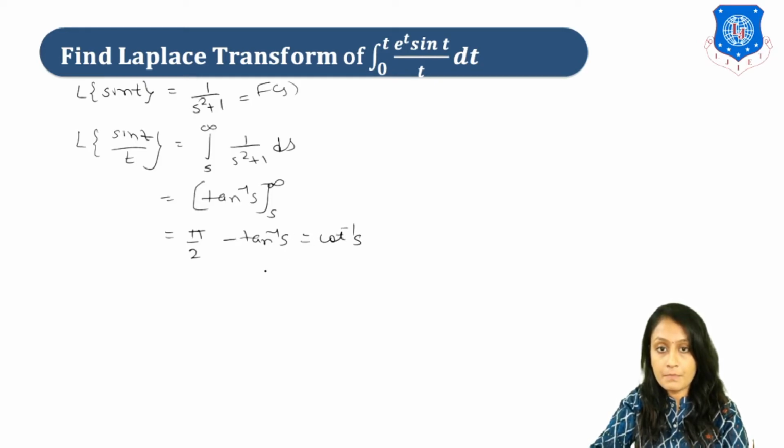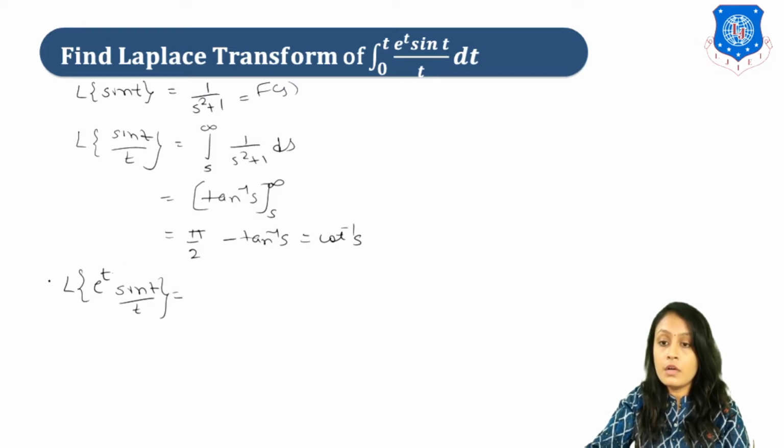We know pi by 2 minus tan inverse s is cot inverse s. Now we apply e raised to t to this term, that is e raised to t sin t upon t. Whenever we apply e raised to t, we use the first shifting theorem. The coefficient of t is 1, so in place of s we write s minus 1. So we write cot inverse of (s minus 1).